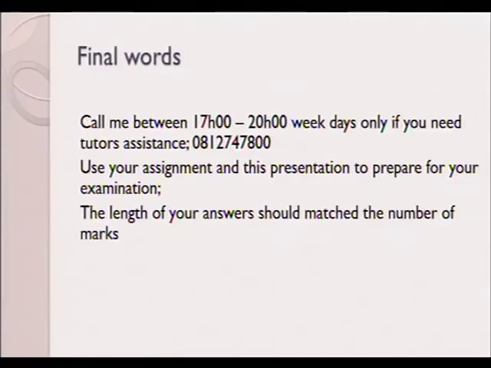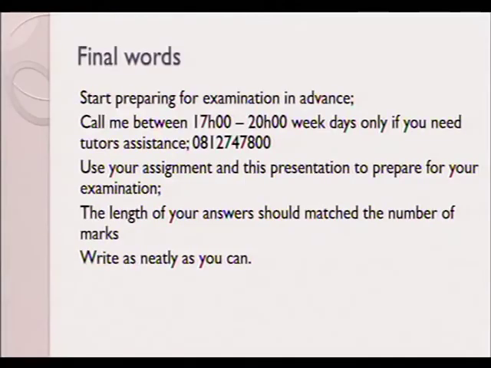The length of your answer should match the number of marks. Please don't write long things just for 2 marks. If there are 2 marks, just give 2 facts. If there are 5 marks, give 5 facts. If you have to calculate, please show the working. Don't just write the answer.